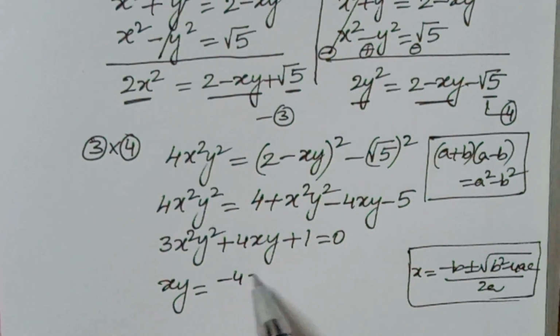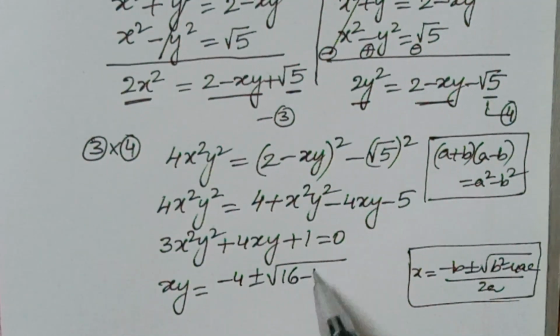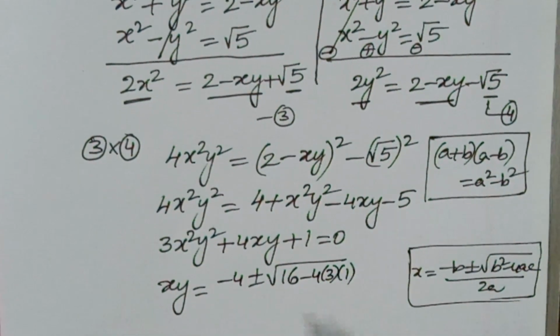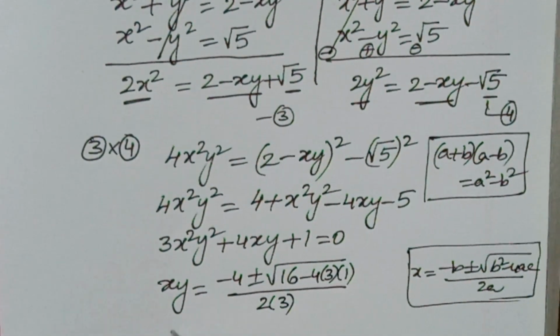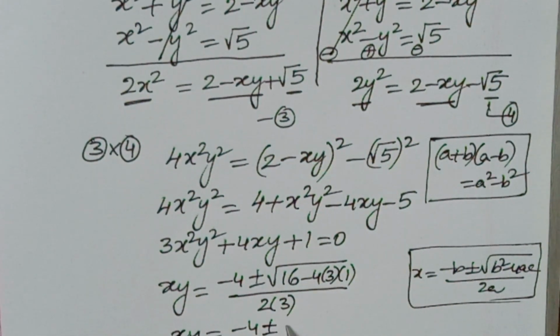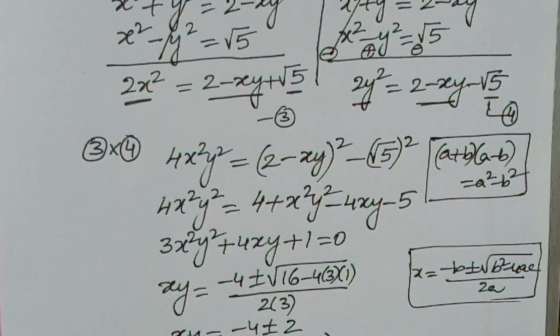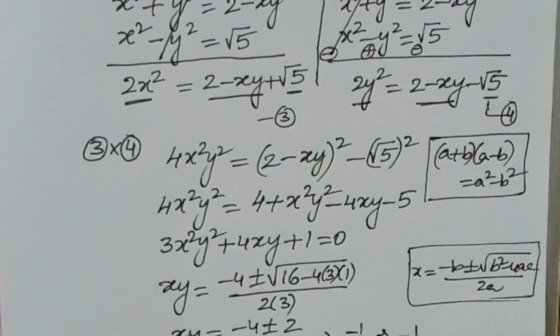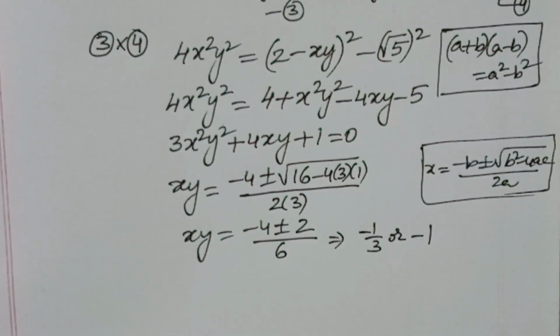So minus 4 plus or minus root of 16 minus 4 into 3 into 1, by 2 into 3. So xy is equal to minus 4 plus or minus root 4 by 6, that is equal to minus 1 by 3 or minus 1. The xy value will be minus 1 by 3 or minus 1.